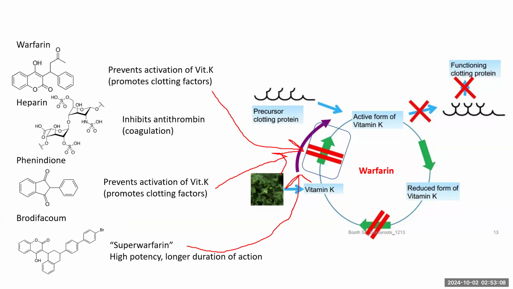So if you were exposed to equal parts warfarin and phenadione, then you would experience exactly twice the amount of inactivation of vitamin K in an additive model. But we can see that warfarin versus phenadione are slightly different compounds.